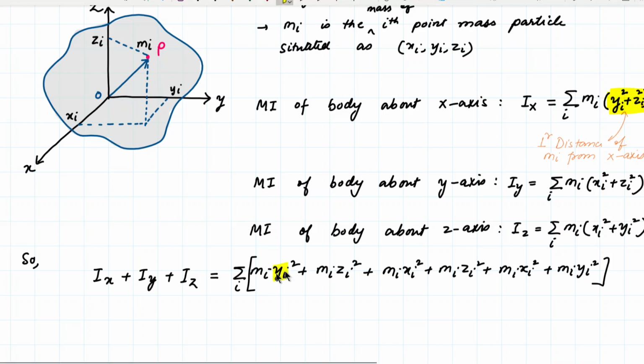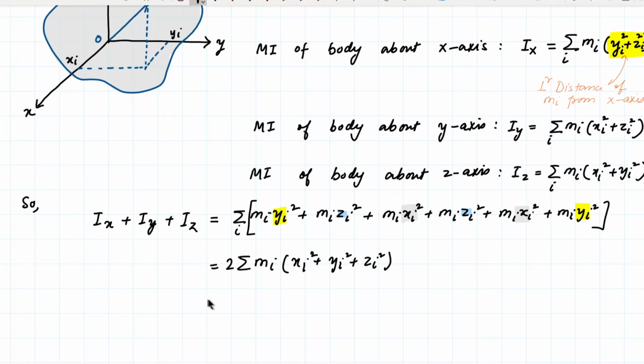Okay, so here y is present twice, z is present twice and x is present twice. So this can be written as summation over twice mi times xi square plus yi square plus zi square, right? So this is nothing but twice the summation over mi ri square. So in general I can write that Ix plus Iy plus Iz is equal to twice of mr square, removing the i, mr square in general.